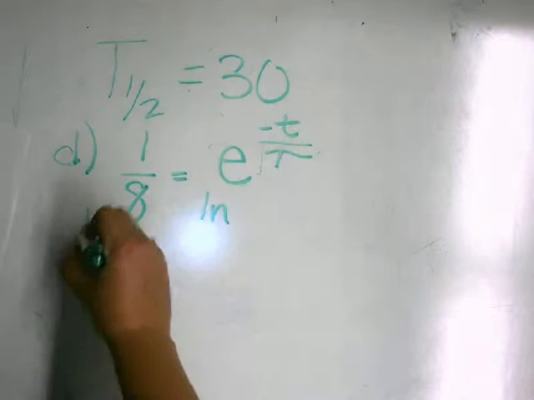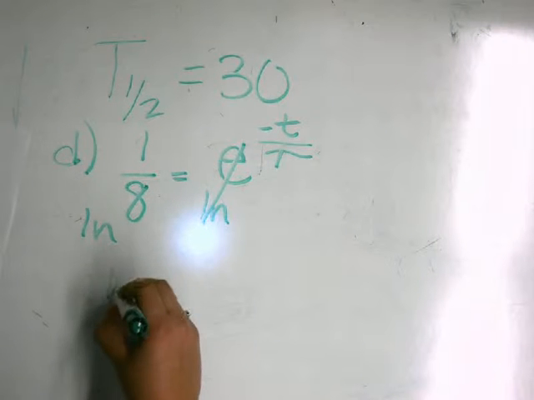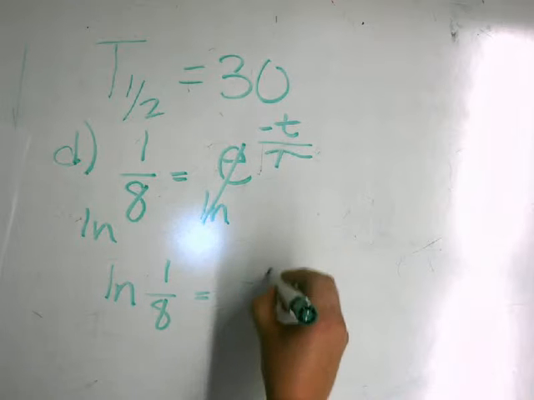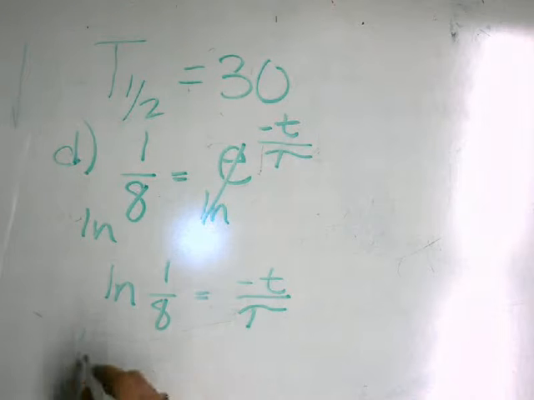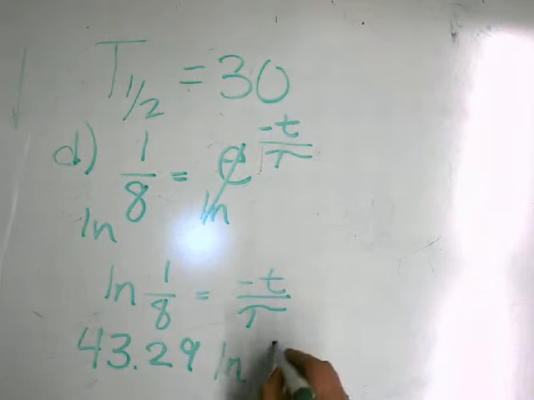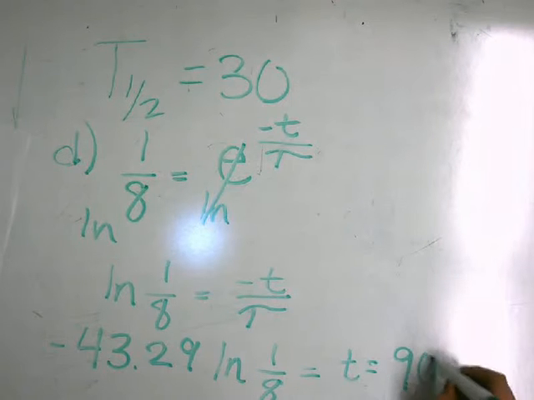So we take the natural logarithm again and get natural logarithm of 1/8 is equal to negative t over the average lifetime. Solving and plugging in for our value of the average life, we get that t is equal to 90.02 or 90.